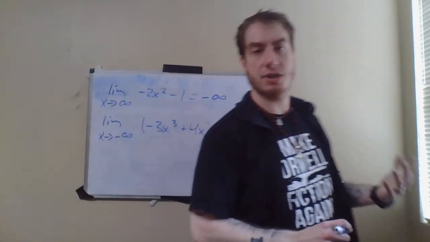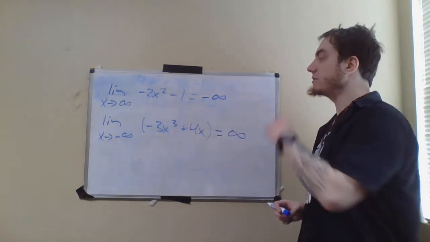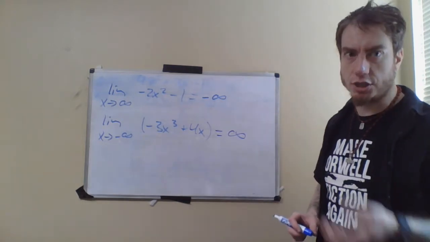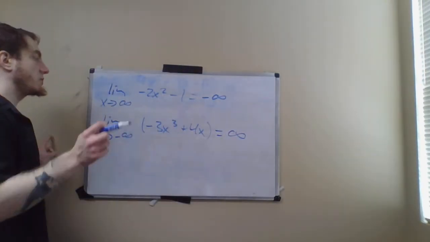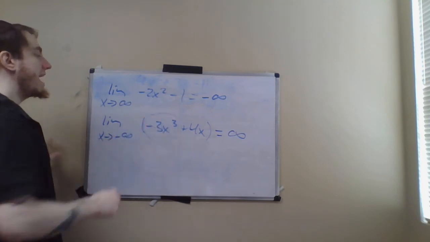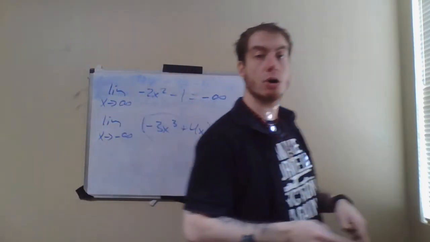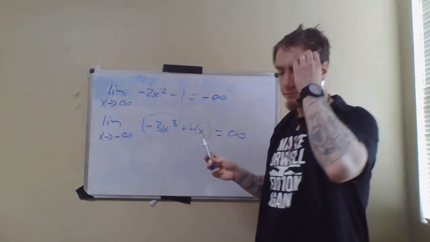Like 1,000 squared is 1,000,000, that's big, but 1,000 cubed is 1,000,000,000, which is much bigger than 1,000,000. So as you go off towards the edges, eventually the only term that really matters in terms of whether we're going up or down is going to be that first term.